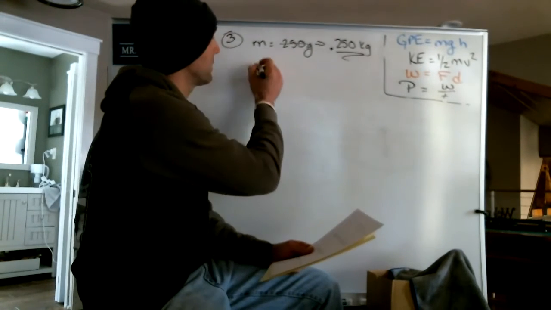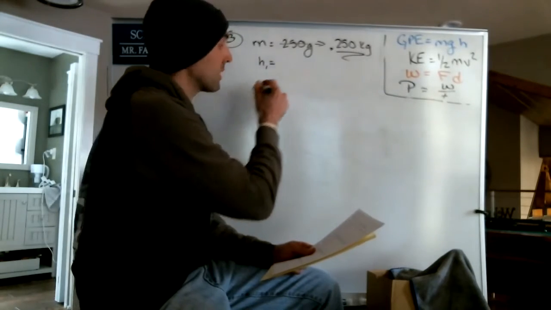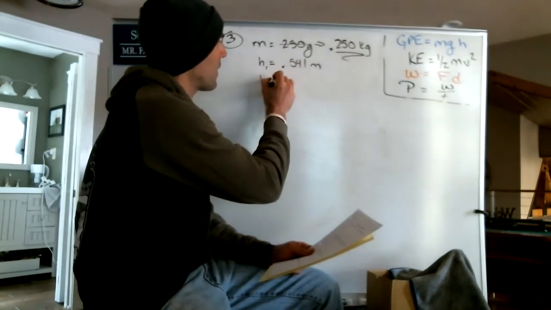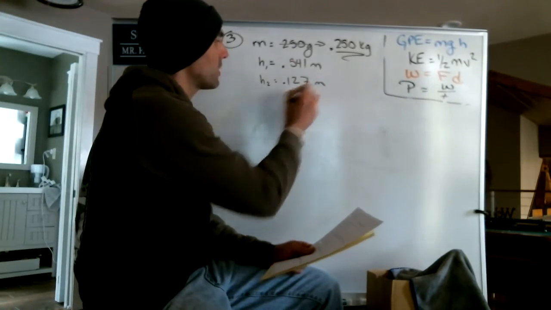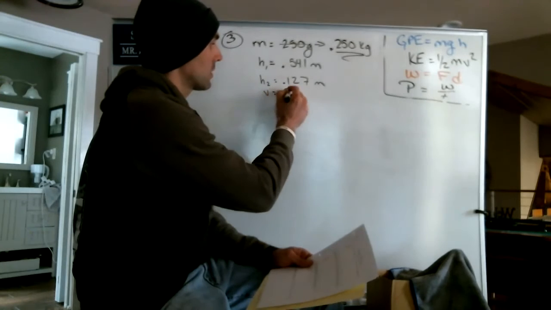Let's see, we have an initial height of 0.541 meters, and a final height, height 2, of 0.127 meters. And we want to find out how fast it's going.